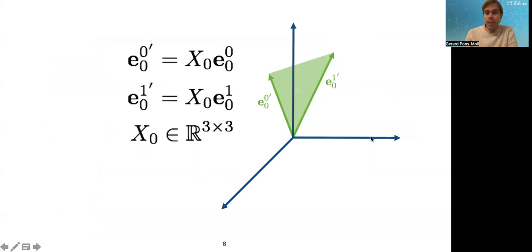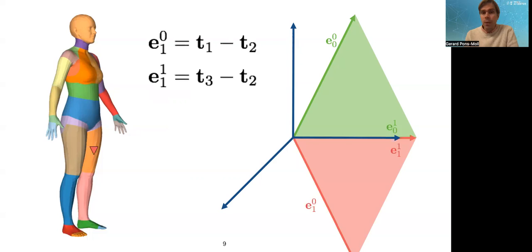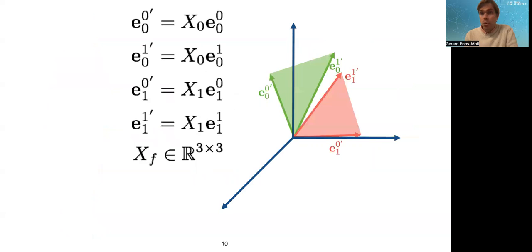And essentially then you apply a transformation matrix, for example in this case X0, which is 3x3, to the edges of the triangle. This transformation matrix is specific to the triangle, so that if now we consider two triangles, like the green one and the red one, we would apply two different transformation matrices to each of the triangles: X0 for the green triangle and X1 for the red triangle.